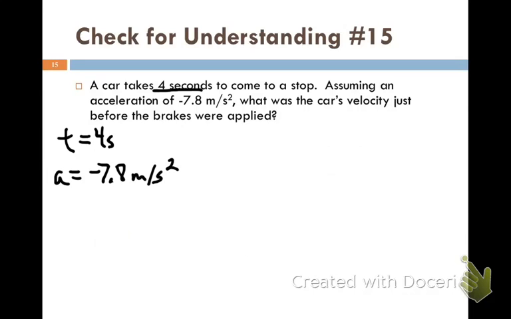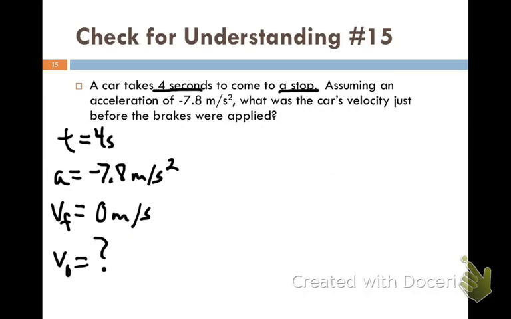So now we also have our final velocity, because it says that our car comes to a stop, and if it's at a stop, we know that it's going at 0 meters per second. So it's asking what was the car's velocity just before the brakes were applied. And so that's actually going to be our initial velocity. That's what we're looking for.